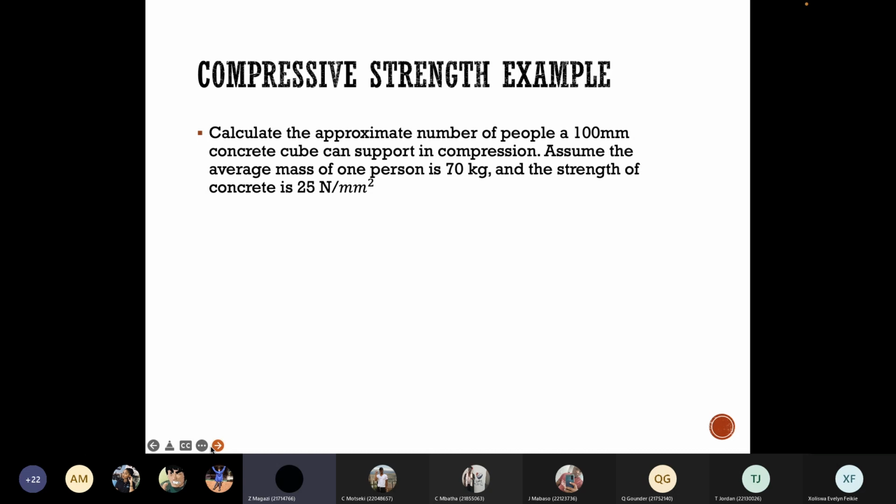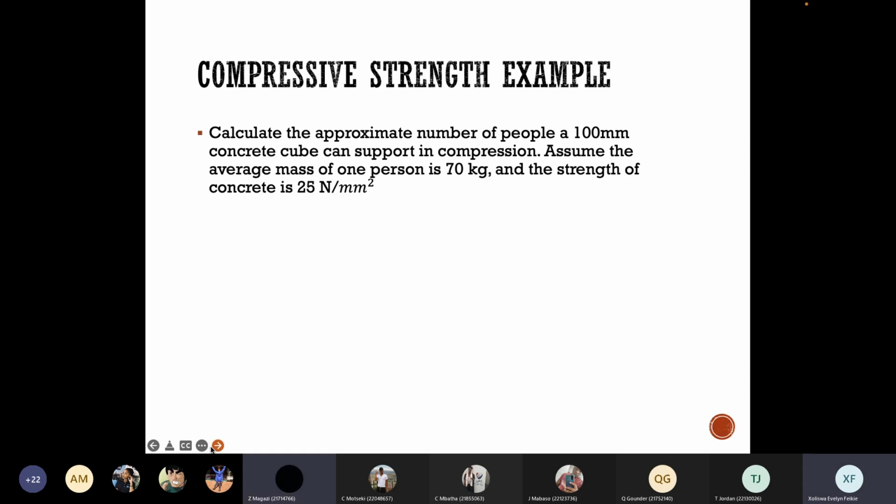I think that's how we do it. So you're saying that we need to convert the force into kilograms? No, I was saying that I was going to use the formula compressive strength is equal to force over area to find the force that the concrete can support. I'm not sure if I'm making any sense.